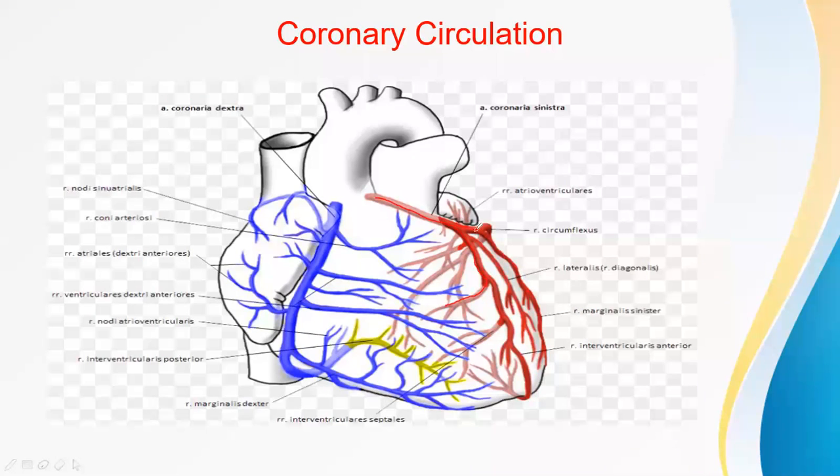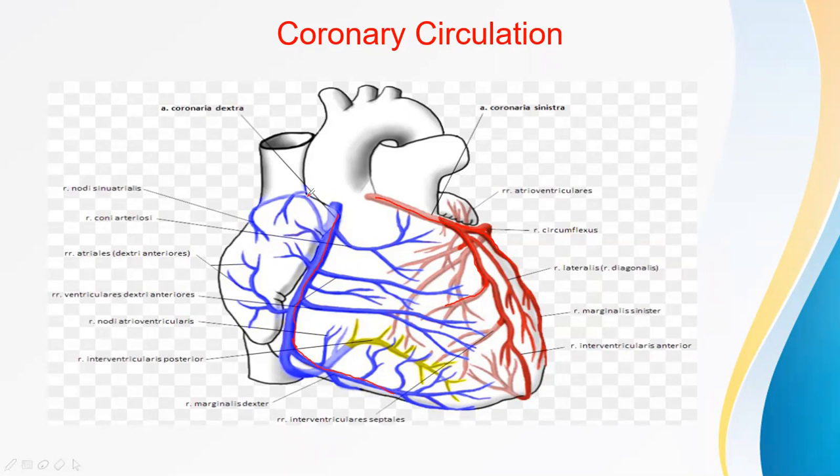These blood vessels supply the nutrients to the heart, and at the same time they supply the oxygen to the heart. And these blue color blood vessels also remove the waste from the heart.